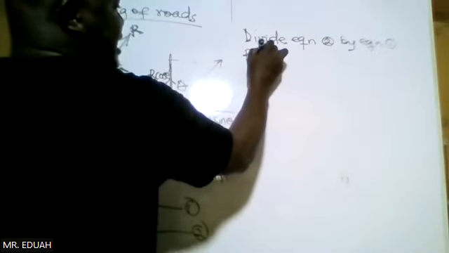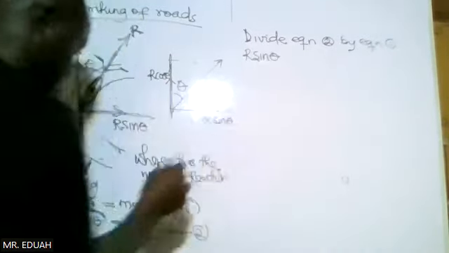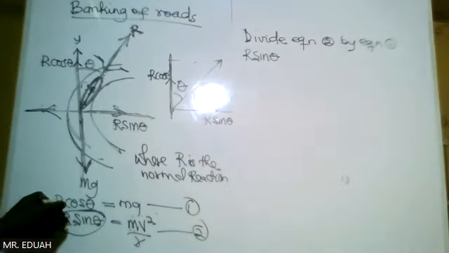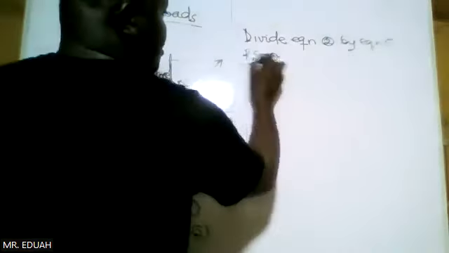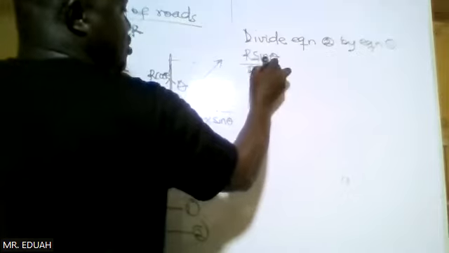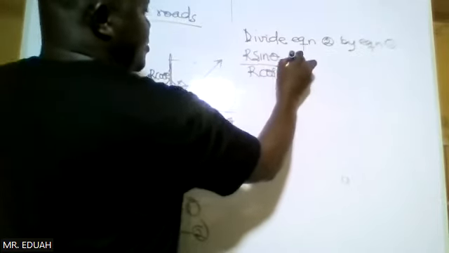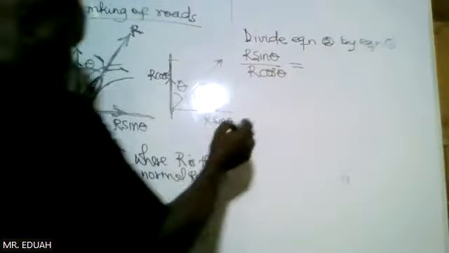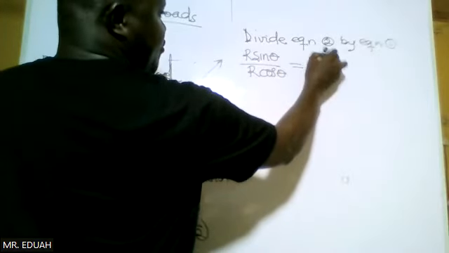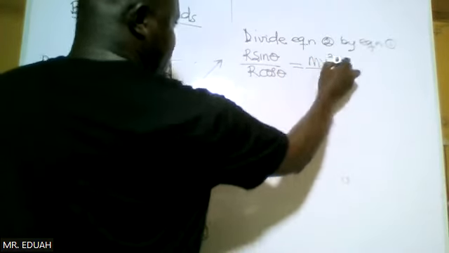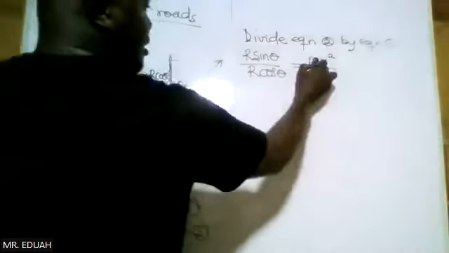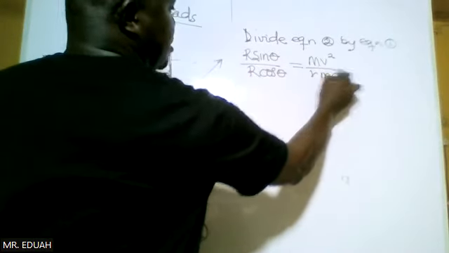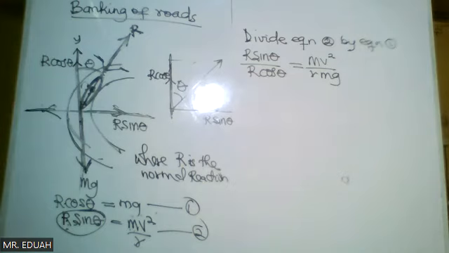So R sine theta, left hand side divided by left hand side, over R cos theta is equal to mv squared on r, also divided by this.